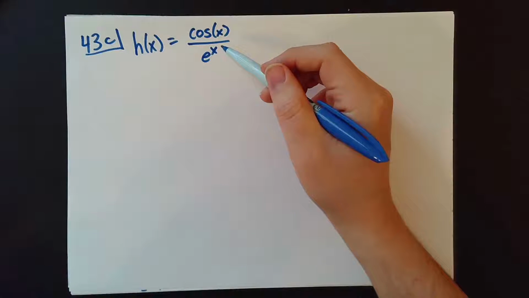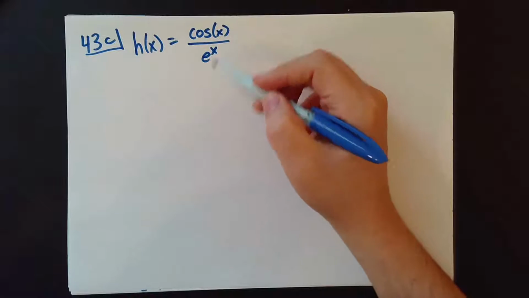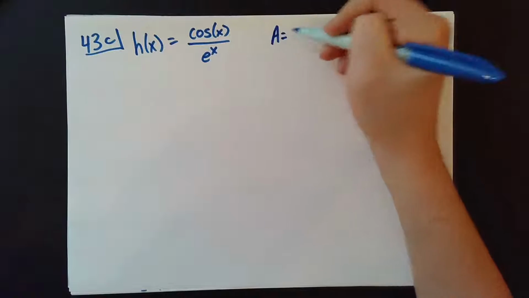So to find places where the tangent line is horizontal, we need to take the derivative and then set the derivative equal to 0. So this is a quotient rule question.